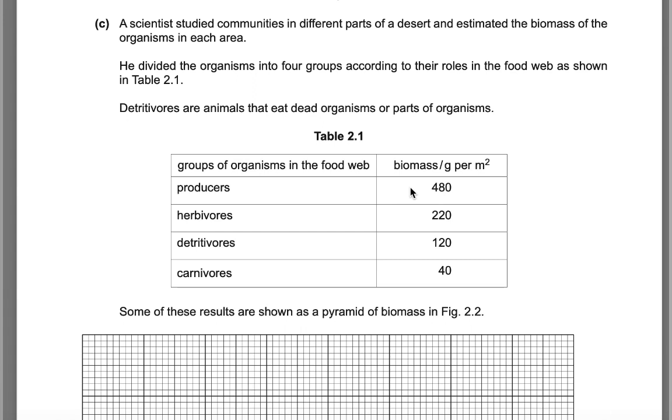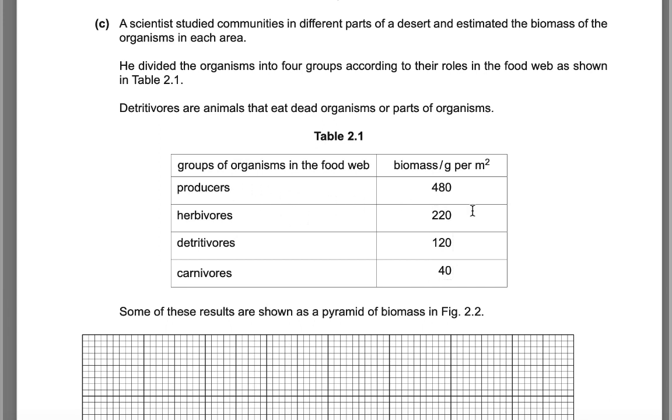The detritivores are animals that eat dead organisms or parts of organisms. Now, table 2.1 shows the group of organisms in the food webs and their biomass per meter square, gram per meter square.